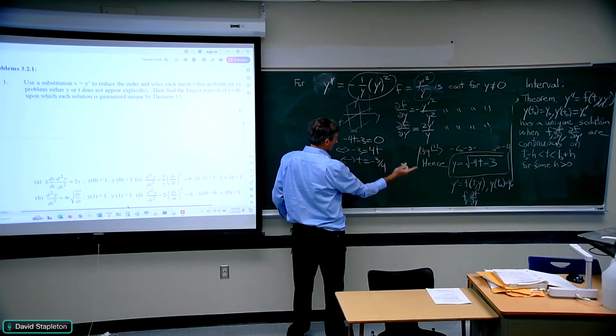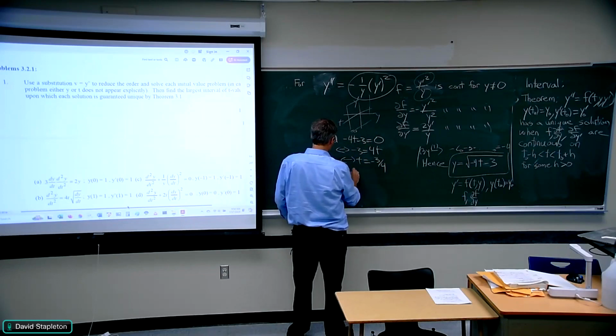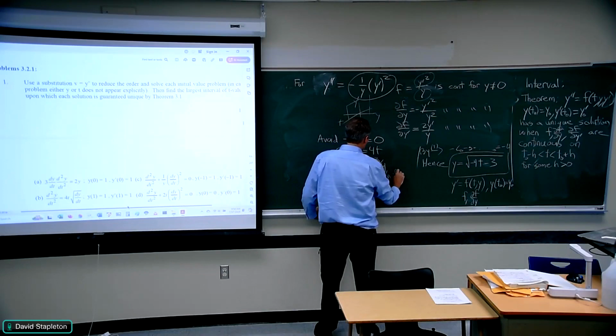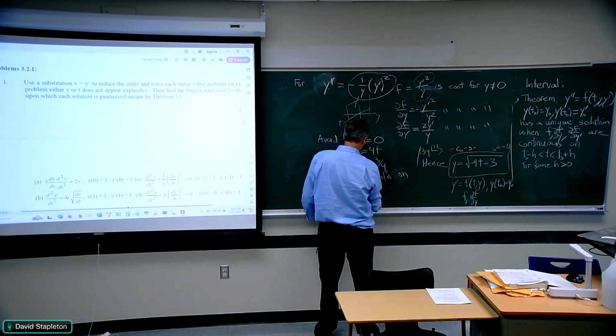We need to include the initial point t equals minus 1 and exclude this point. So you get a unique solution. It doesn't. We'll say this and then I'll explain why. There's a unique solution on the interval t less than minus 3/4.